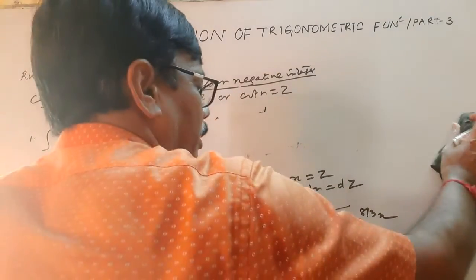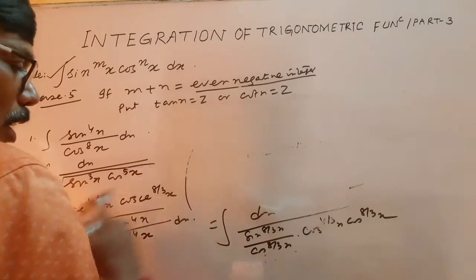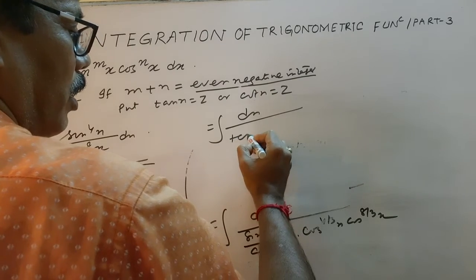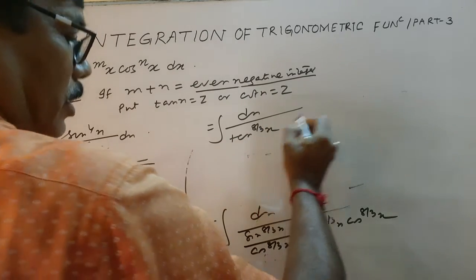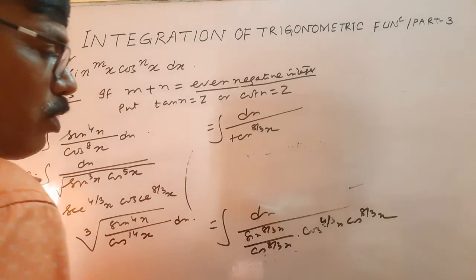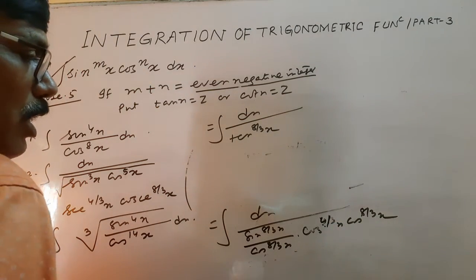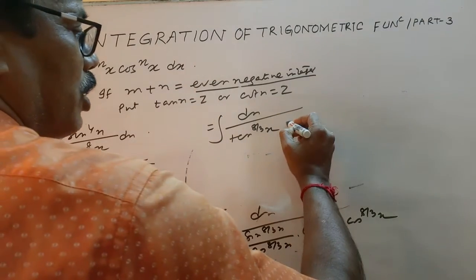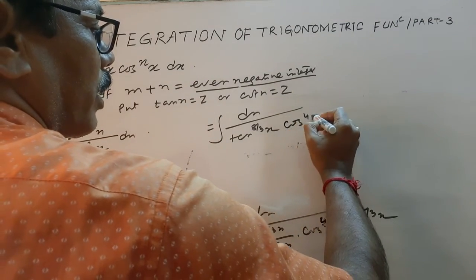What you get is in terms of tan: tan to the power 8 by 3 x, and cos to the power 4 x, which is sec to the power 4 x.